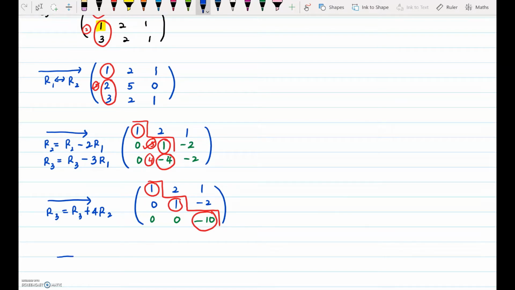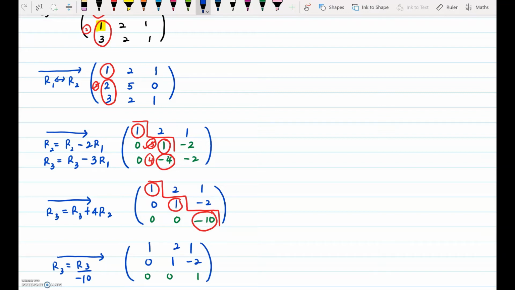For the next equivalent matrix, R3 equals R3 divided by negative 10. Now your third row is 0, 0, and 1. The rest will be 1, 2, 1 and 0, 1, negative 2.